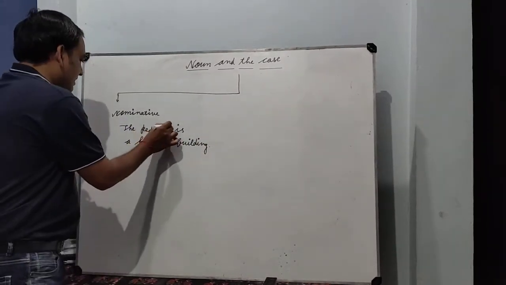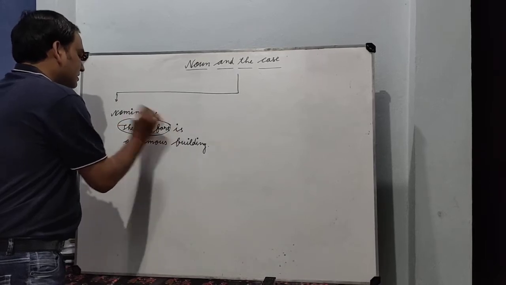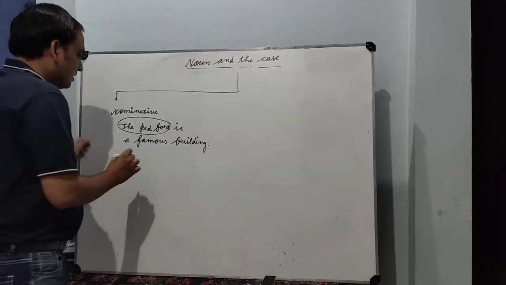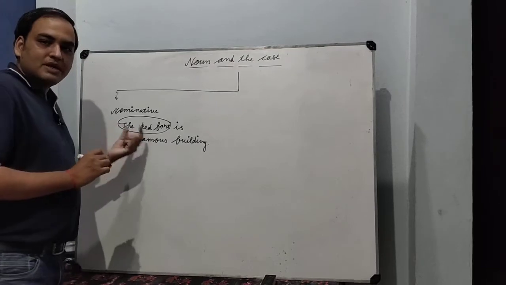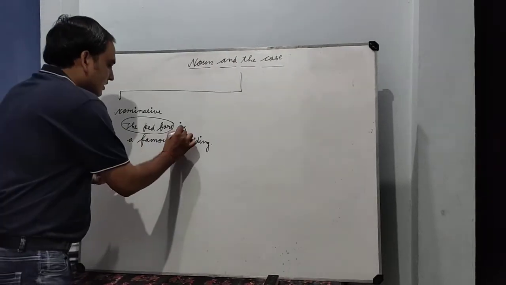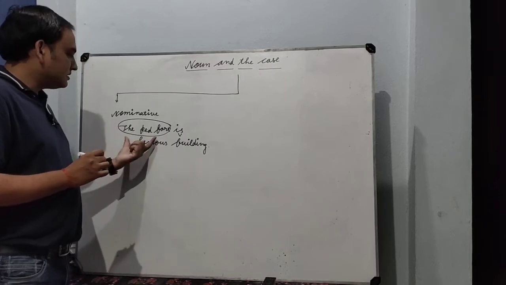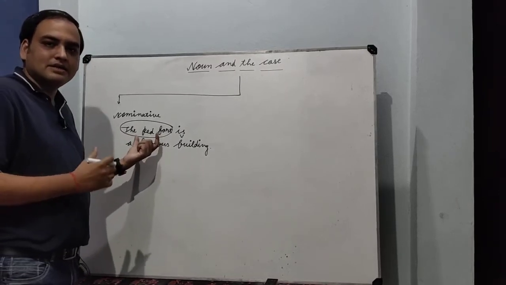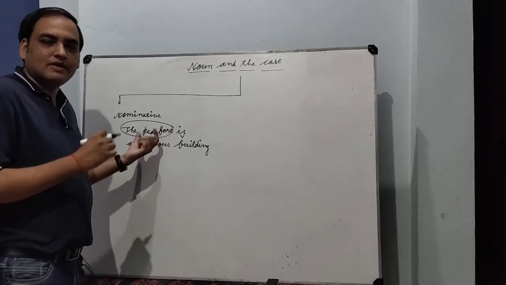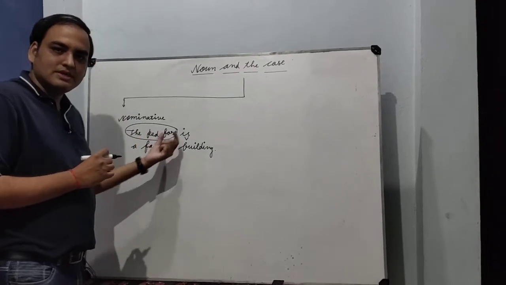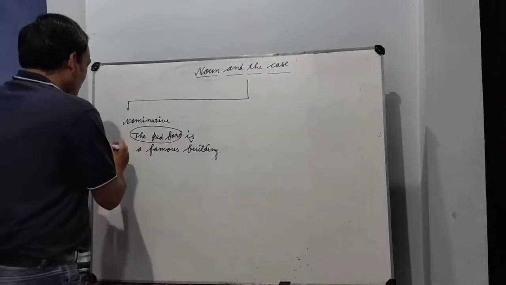Here the Red Fort is a noun. It is a nominative case of the verb is. So here this noun is represented as a nominative case of the verb used in the sentence.